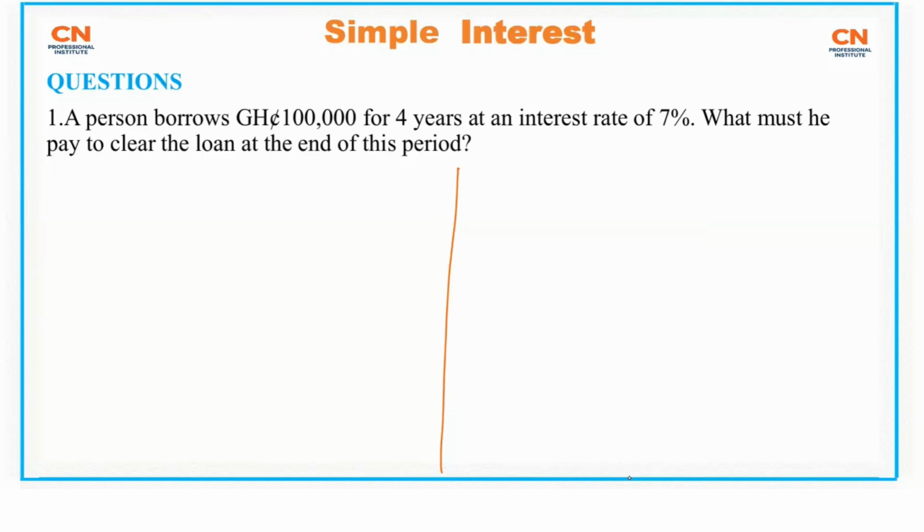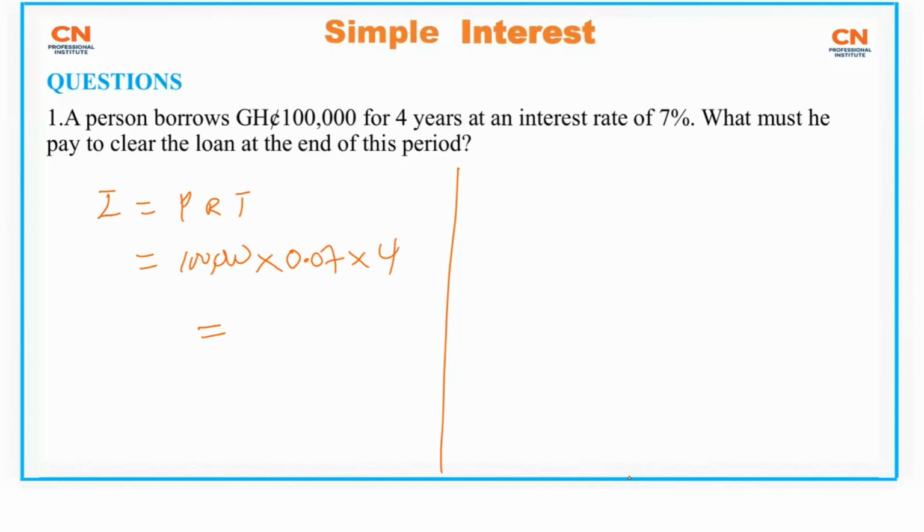You realize that the same formula applies: interest is equal to principal times rate times time. The principal is the 100,000 borrowed. The rate is 7%. Because I'm not dividing, I'll just make it 0.07. Then time is 4 years.